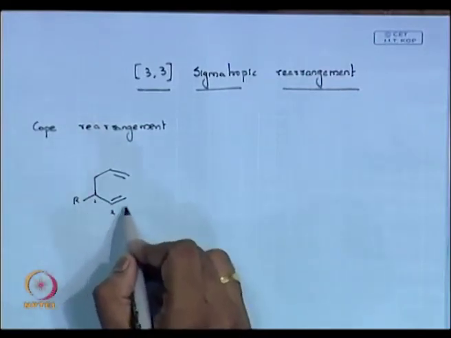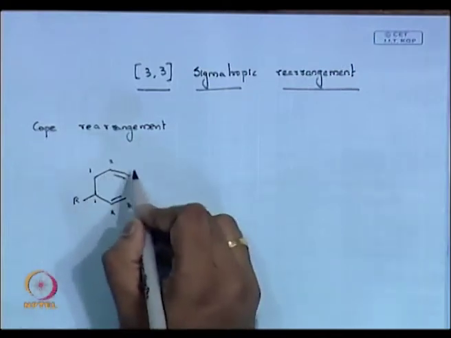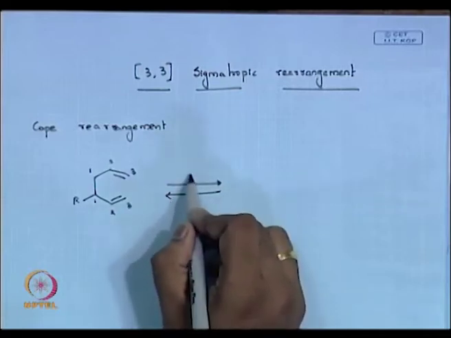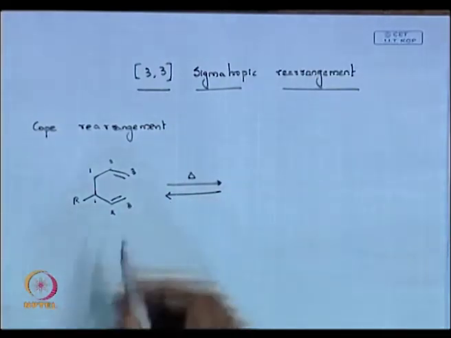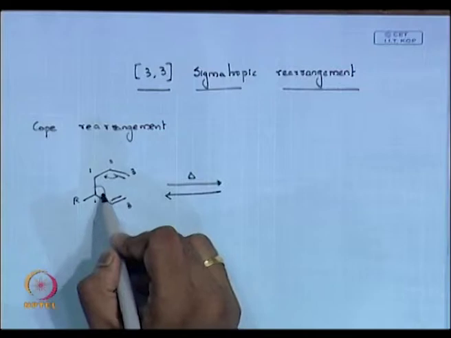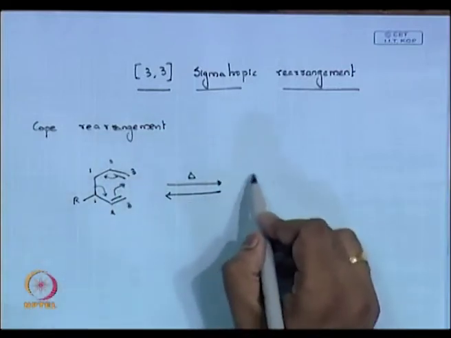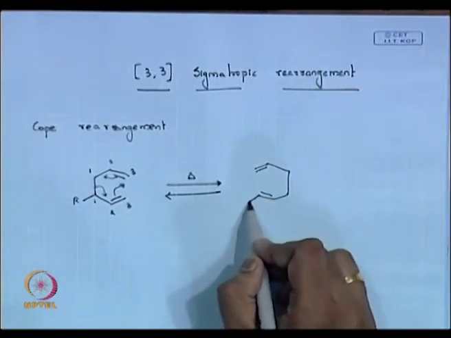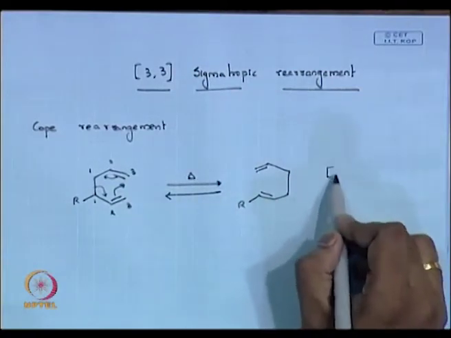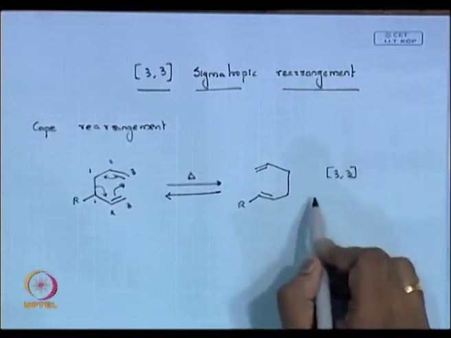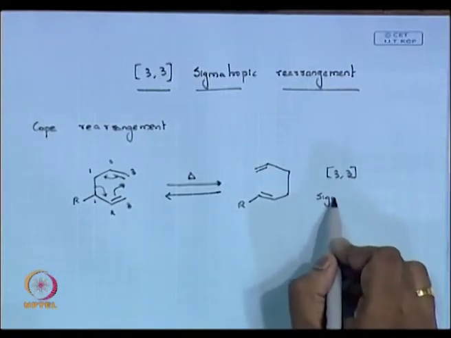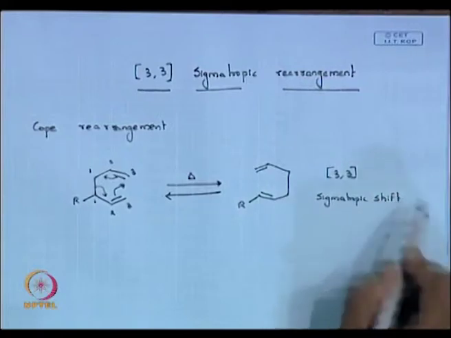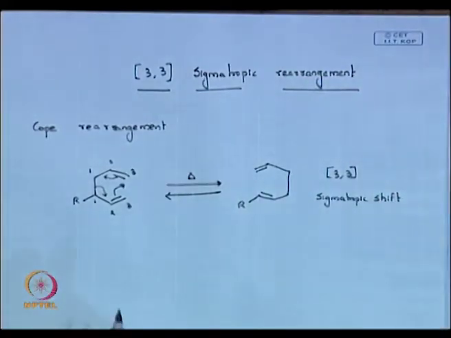So, 1, 2, 3, 1, 2, 3. That's your 3,3 sigmatropic shift.